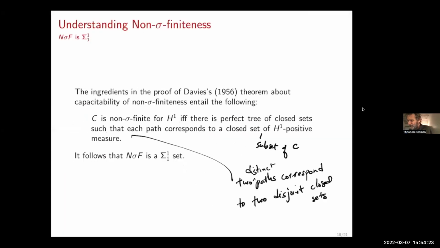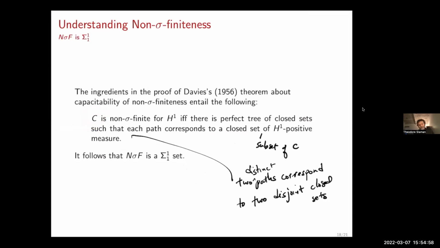If the set is analytic and non-sigma finite, then there is a perfect set property. So that's Davies' theorem. That's how Davies worked out the capacitability theorem. But this is for closed sets, right? Analytic. What about arbitrary sets?